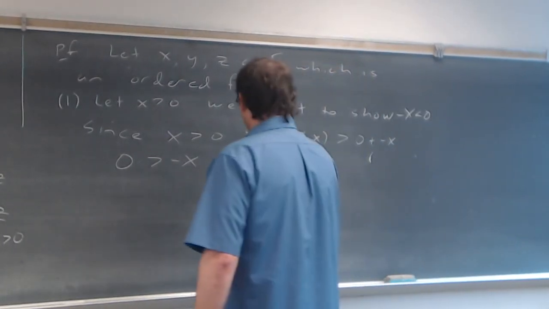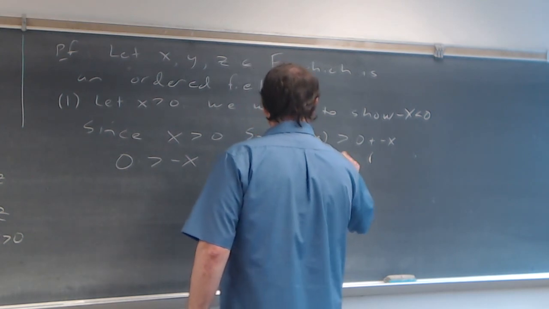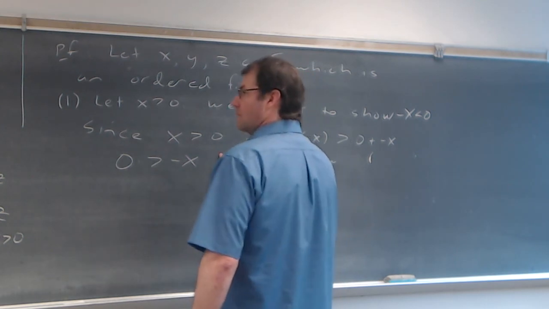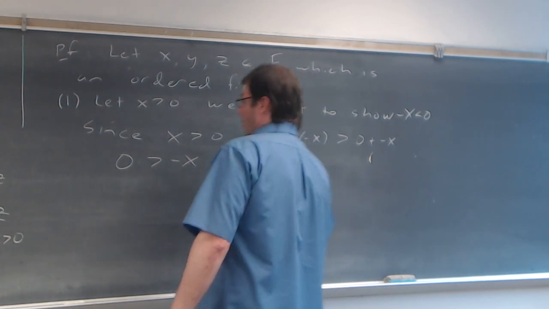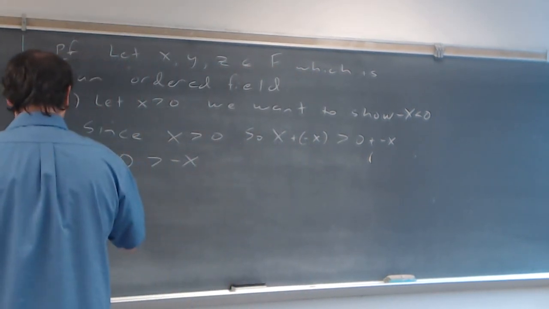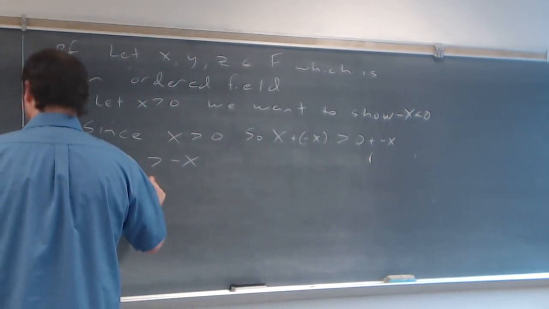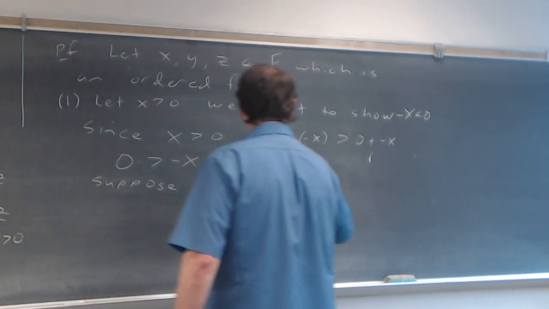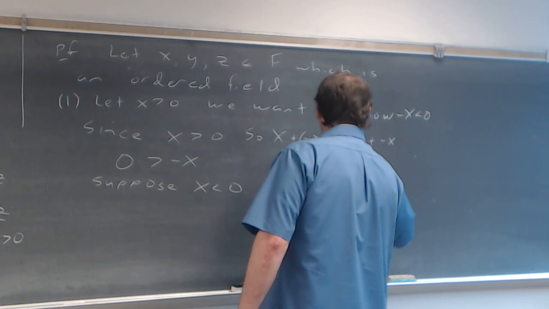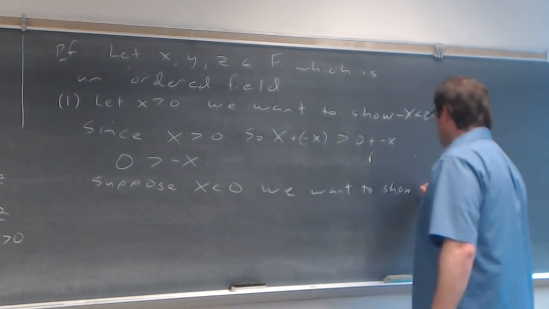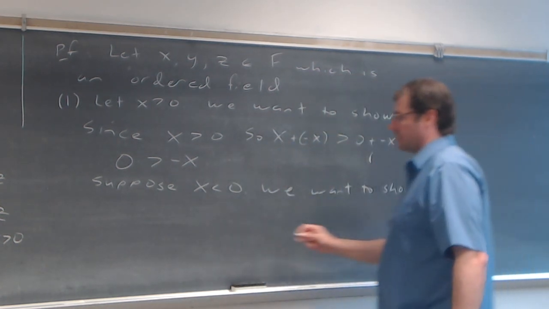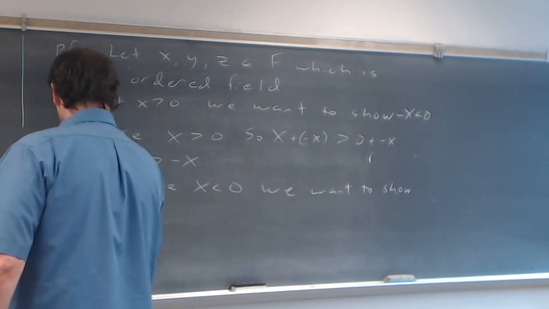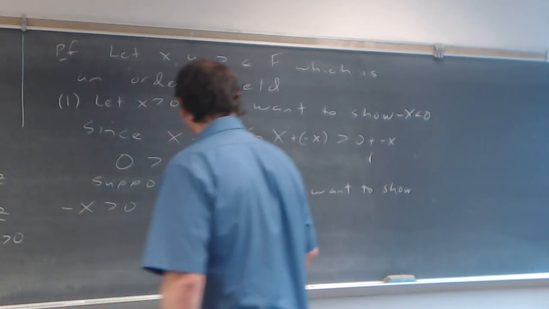We also want to show the second part of part one. We'll suppose x is less than 0. In this case, we want to show that minus x is greater than 0. Okay.